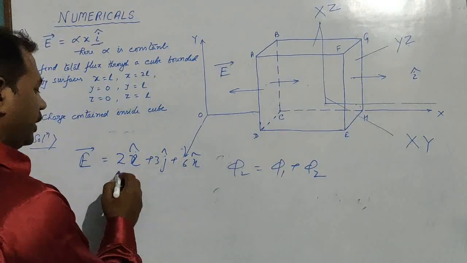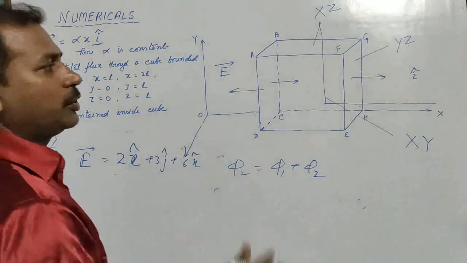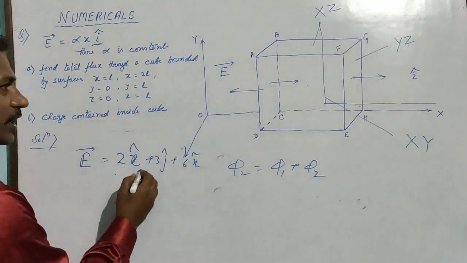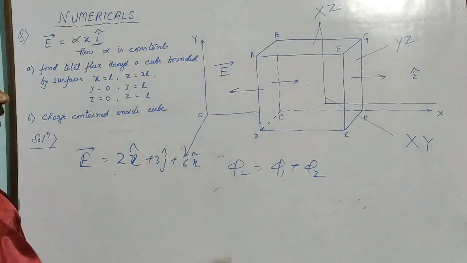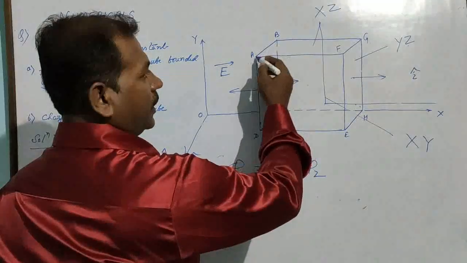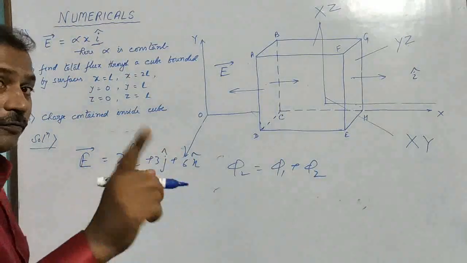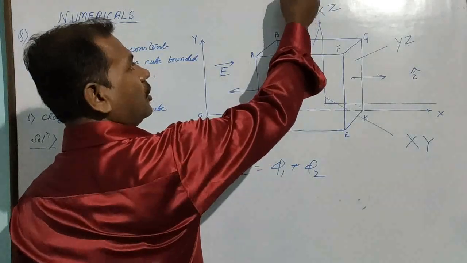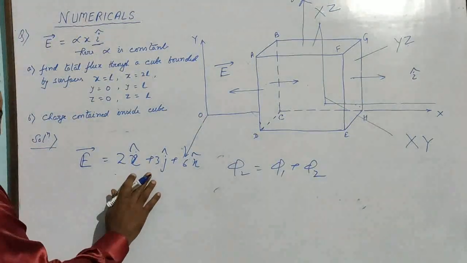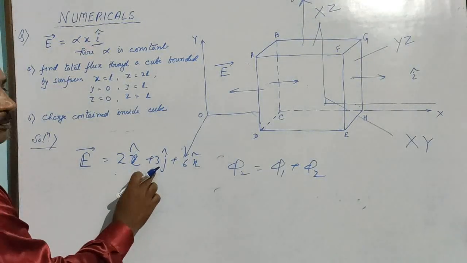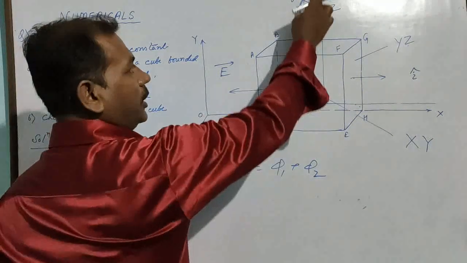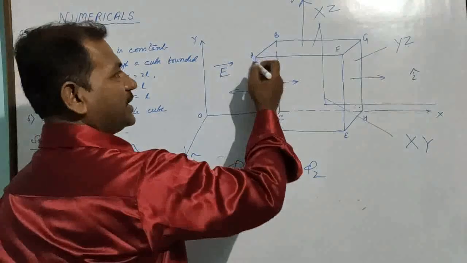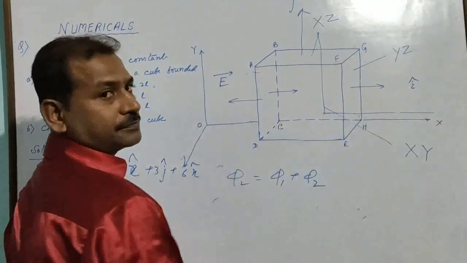So remember that if this field intensity is given and you are being asked to find out the flux through yz, then you have to multiply 2i with i cap. If you are being asked to find out the flux through xz, this time flux will be there because the xz plane will have area vector acting along j cap and j cap is present here. So this particular component multiplied with this area vector will give you the flux moving from the xz plane, this one and this one.